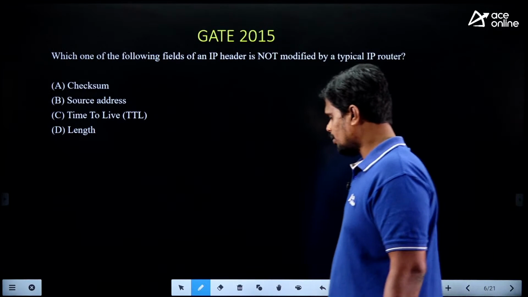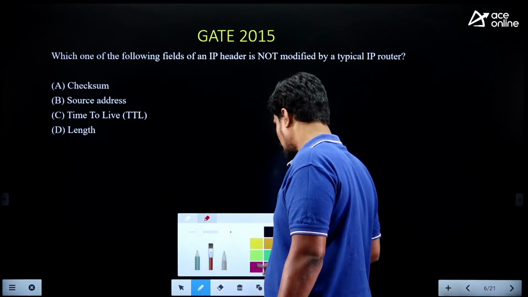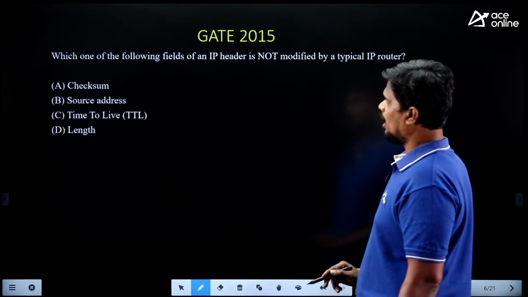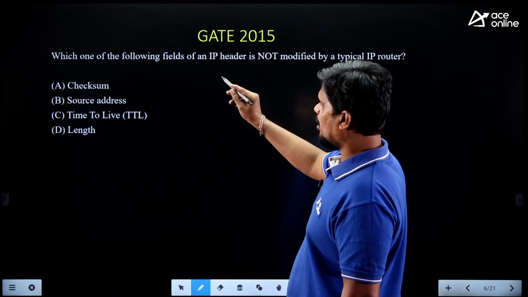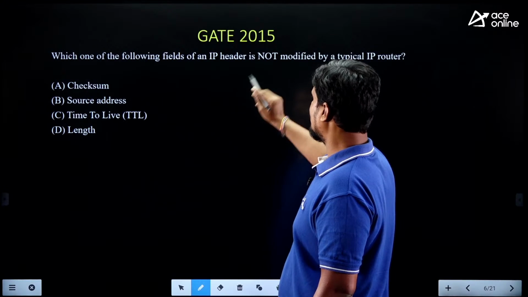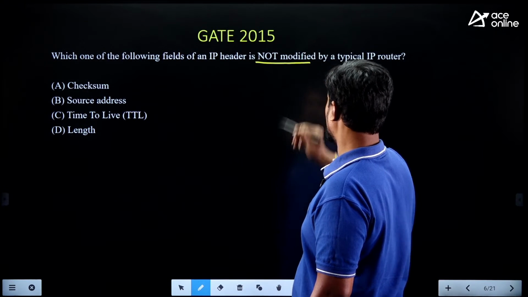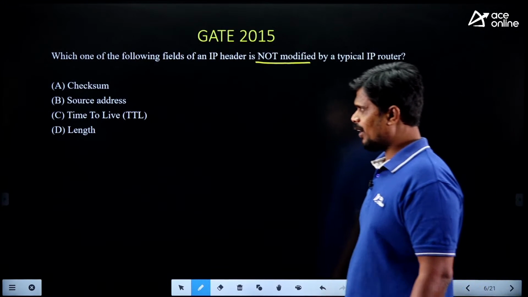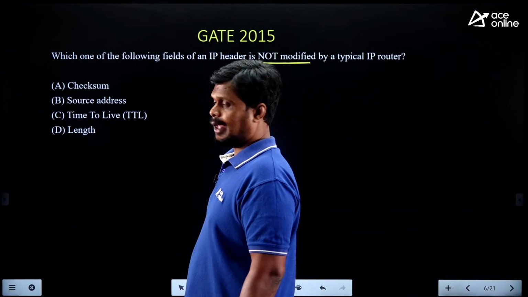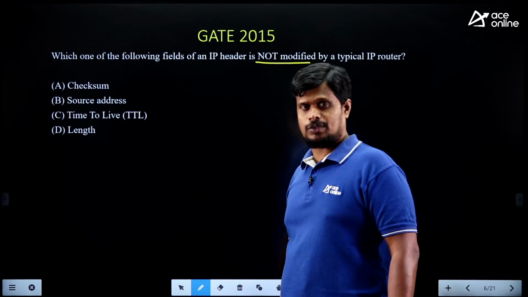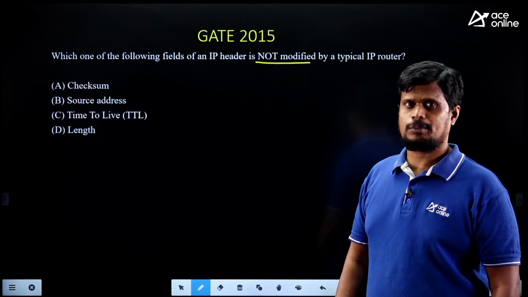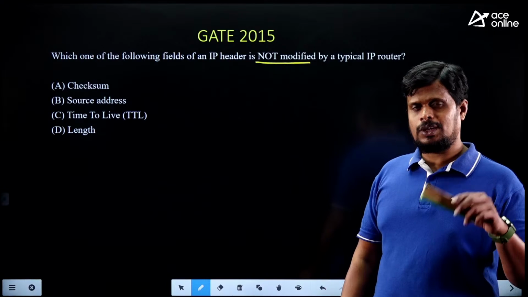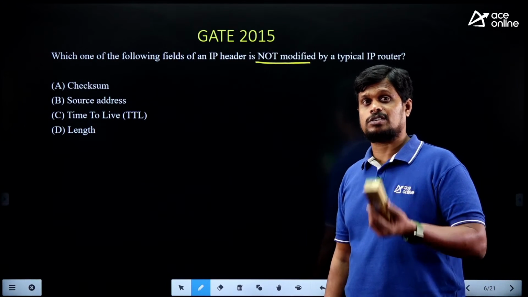This is the question we have in 2015. Which one of the following fields of an IP header is not modified by the typical IP router? If you recall the IPv4 datagram header format, we have a field called header checksum.